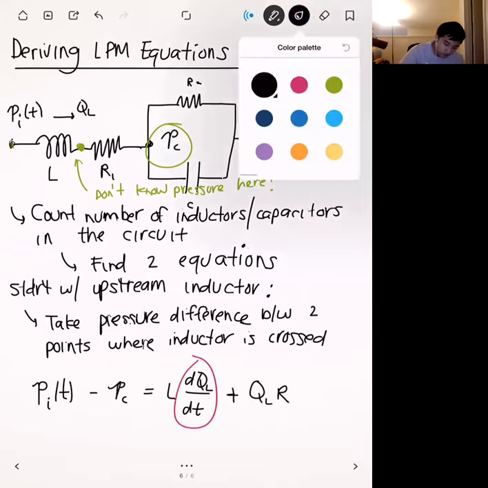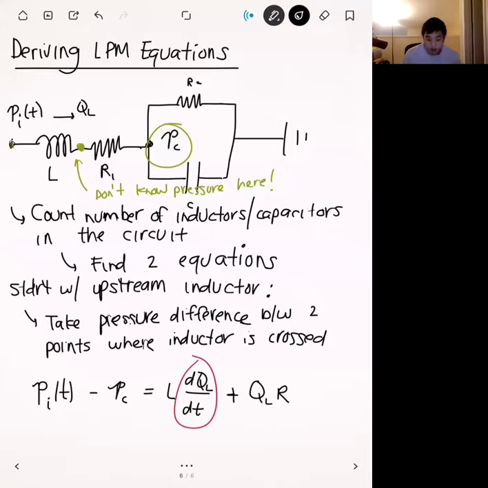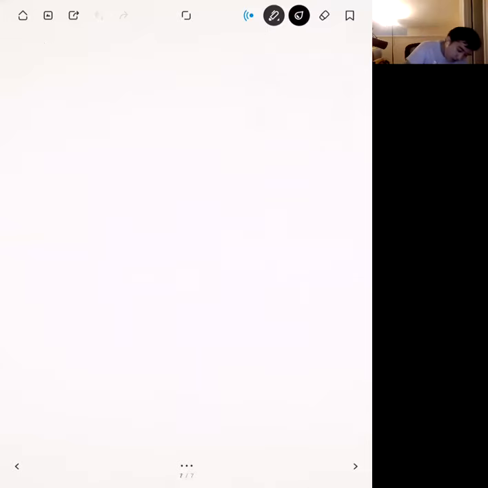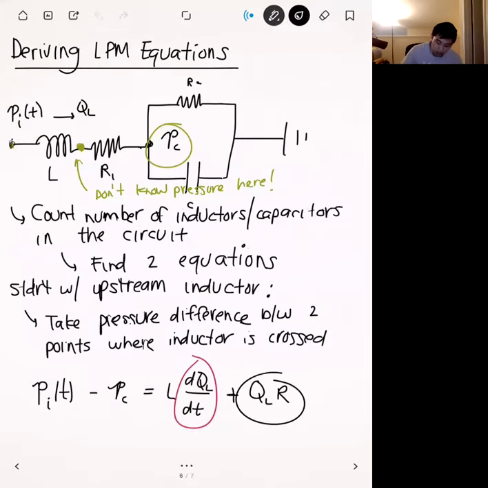If we manipulate this expression and move QL R over to the other side of the equation, what we get is the following: L dQL dt is equal to PI minus PC minus QL R. Oh, I should label that resistance. It should be R1.